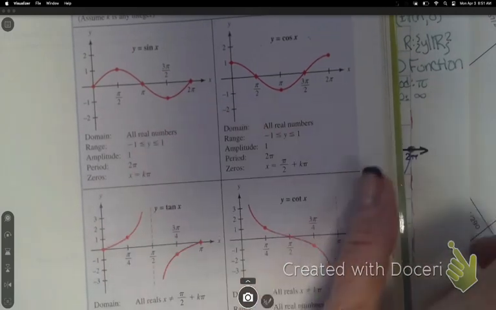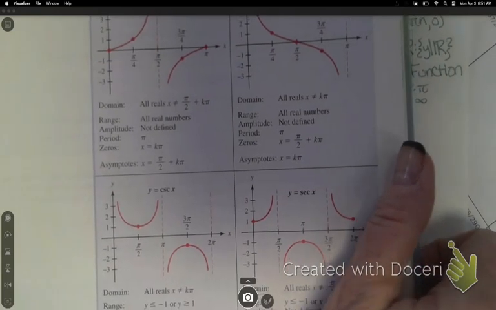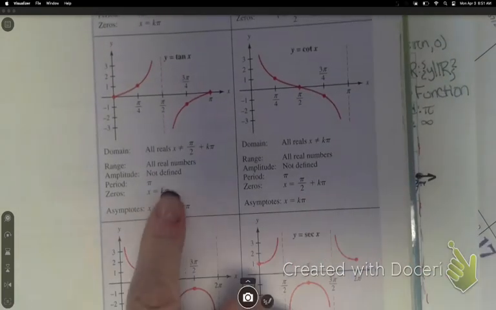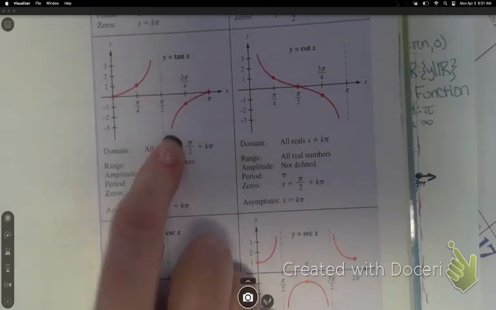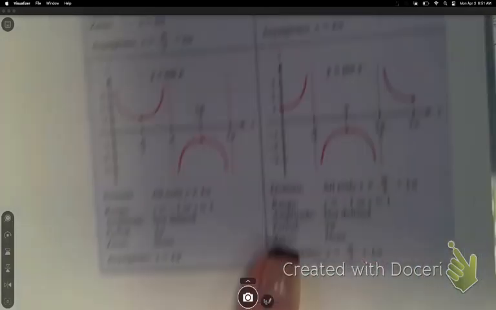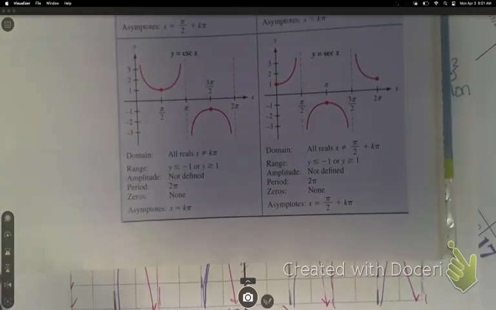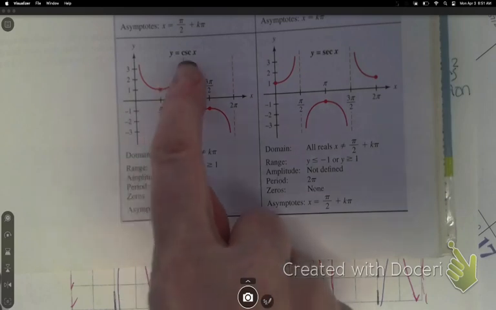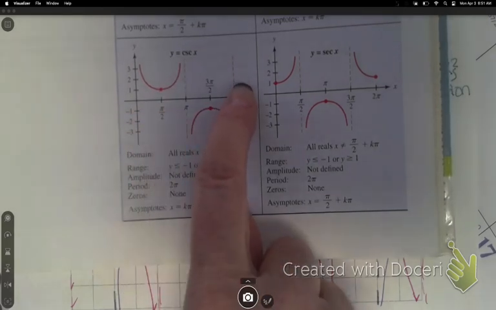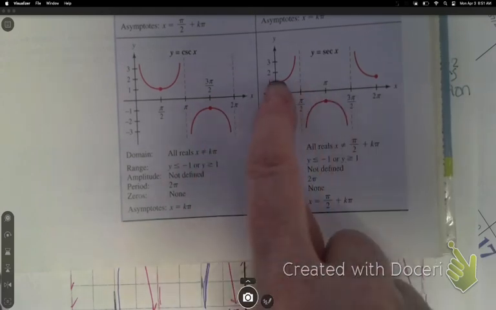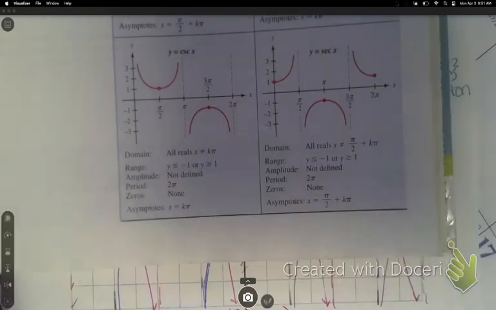Okay, that's one period. There is tangent and cotangent. Remember, I told you they would show it differently. They'd show it broke up. And then there is cosecant and secant. And if you imagine cosecant, if you imagine that sine wave right here, can you do that? And the cosine wave here. So that's that cutout part.